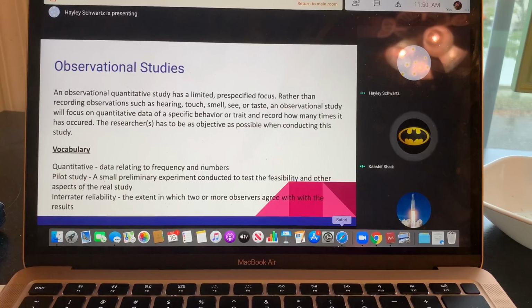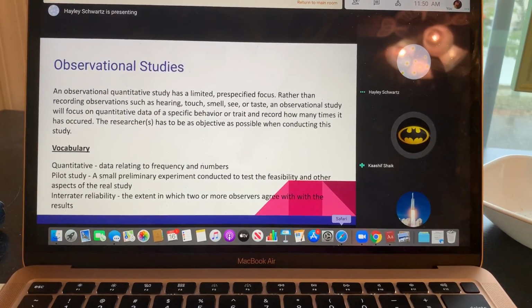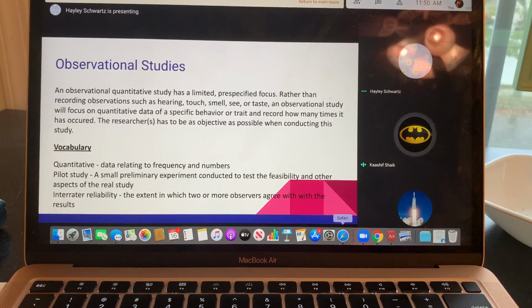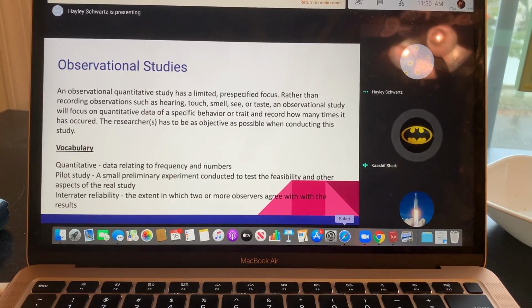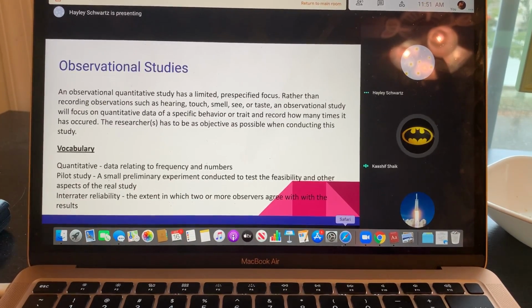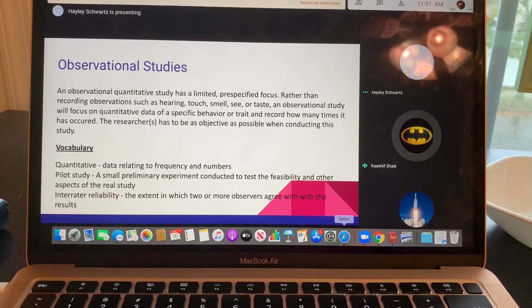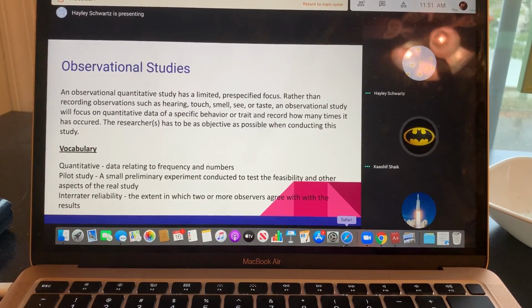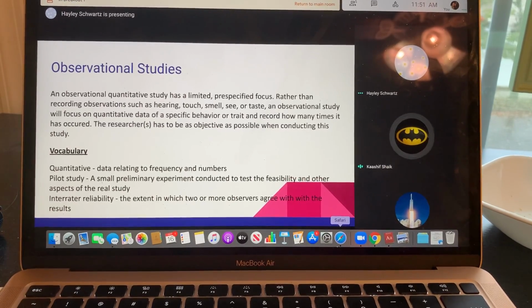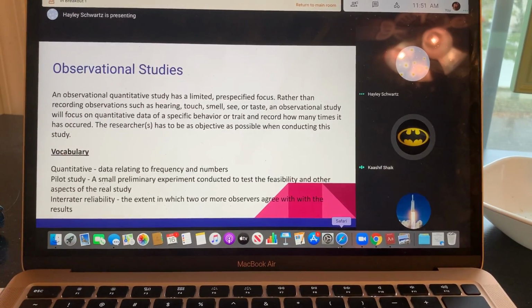Some vocab for learning about observational studies: quantitative, meaning data relating to frequency and numbers; pilot study, which is a small preliminary experiment conducted to test the feasibility and other aspects of the real study; and inter-rater reliability, the extent to which two or more observers agree with what the results are.